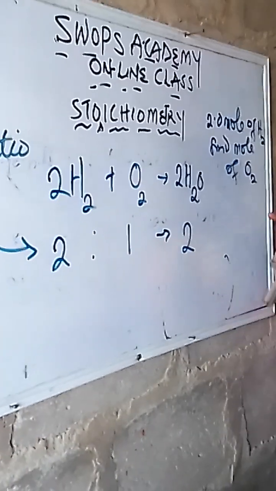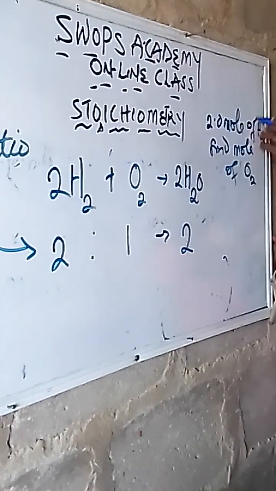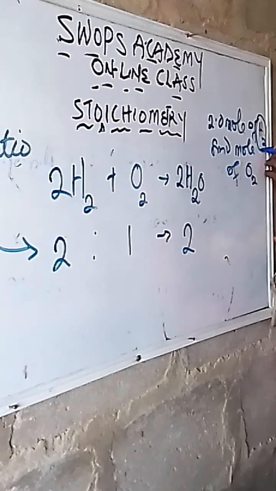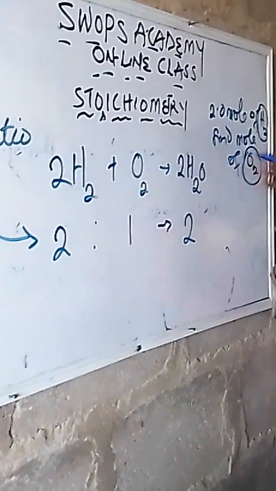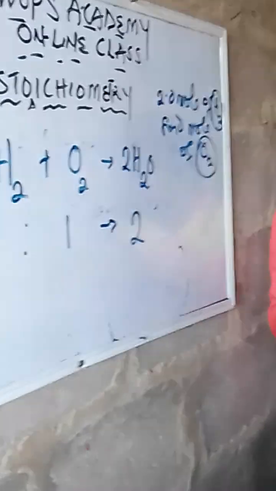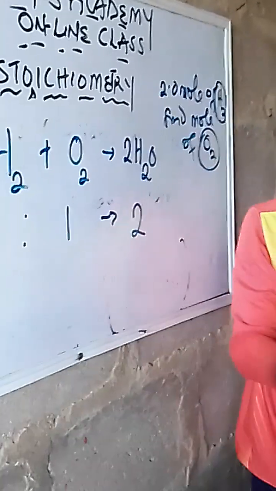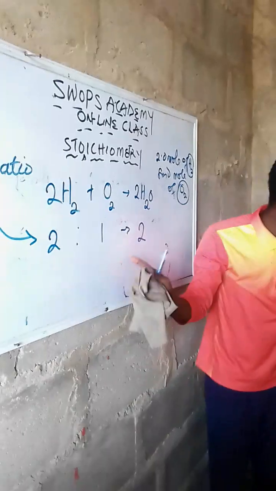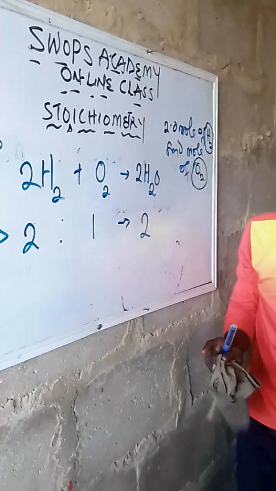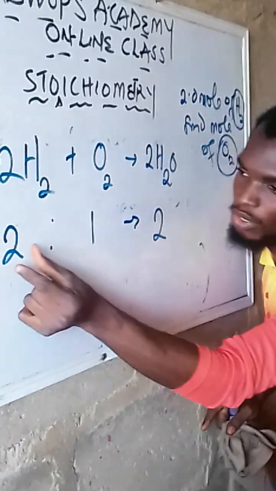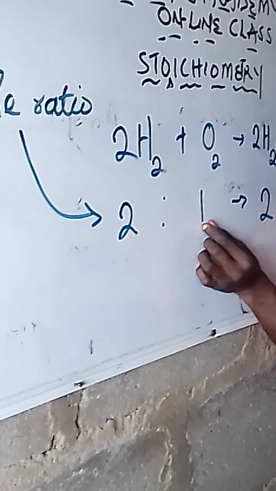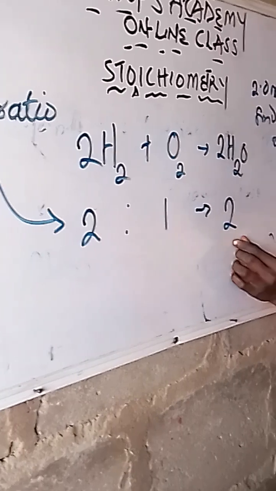What are the 2 elements we need here? Hydrogen gas and oxygen gas. You relate them together. But without finding this mole ratio, can you relate them? No. Since we have known the mole ratio of this to be 2, of this to be 1, of this to be 2.